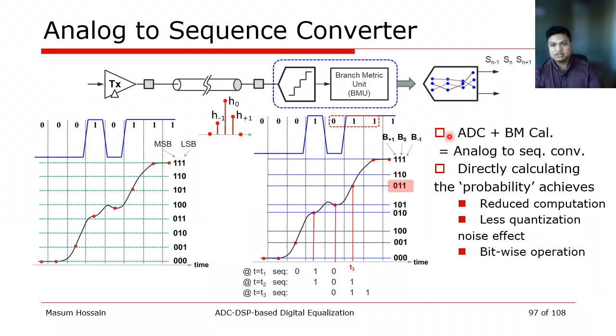Let me elaborate this a bit more clearly. For example, when I receive a sample at time t3 here, this sample is mapped to this expected value or the constellation point 011. This 011 does not indicate 3, rather it indicates that my previous bit was 0, my current bit is 1, and my next bit is going to be also 1.